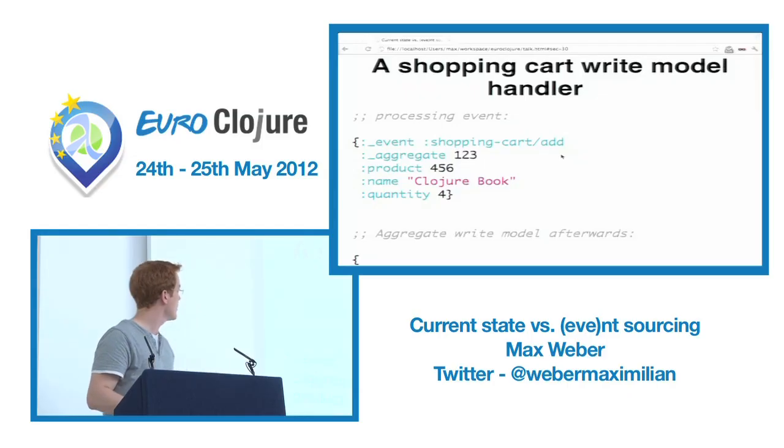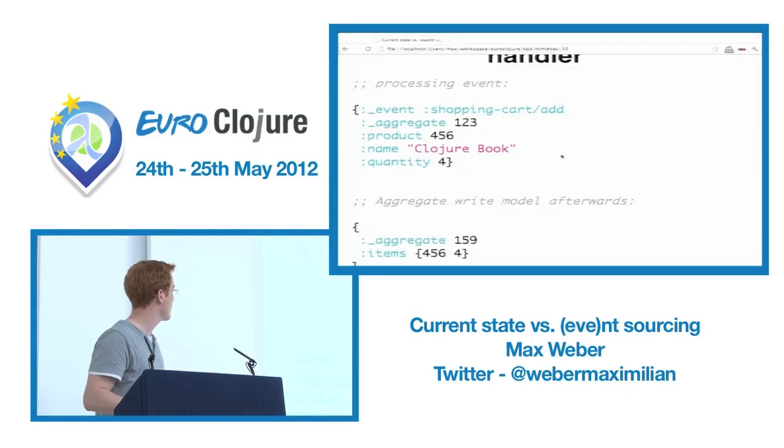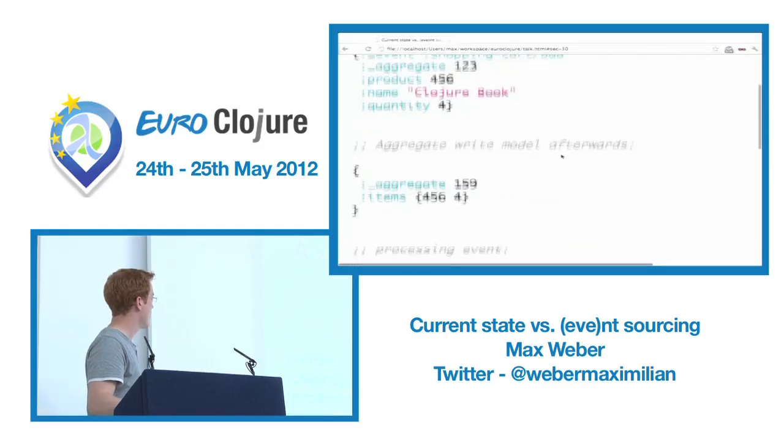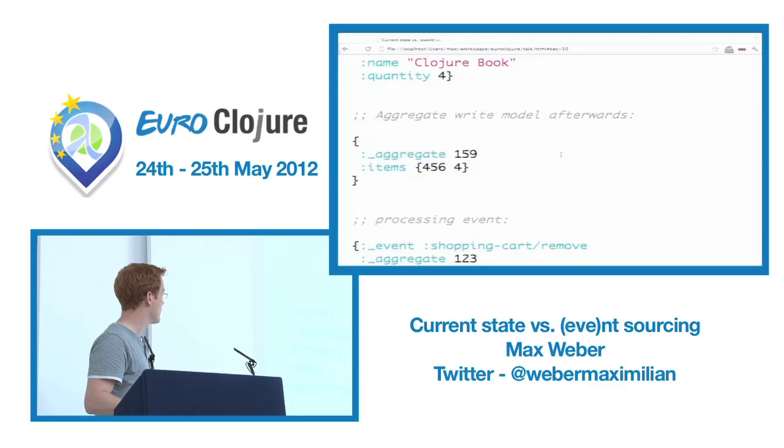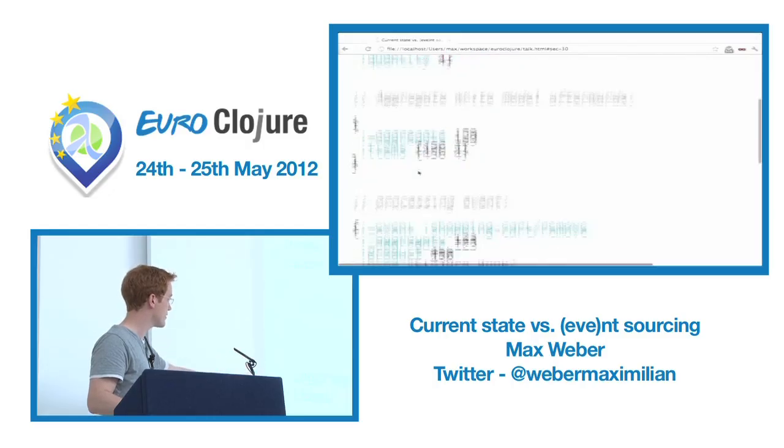So here are two events which are processed on our shopping cart aggregate. Here we add 4 Clojure books, and afterwards the write model of the aggregate is this one.